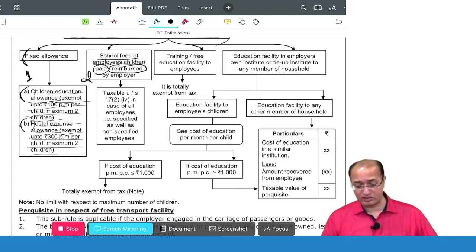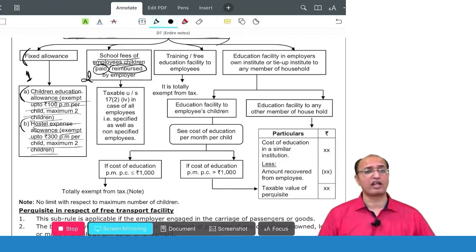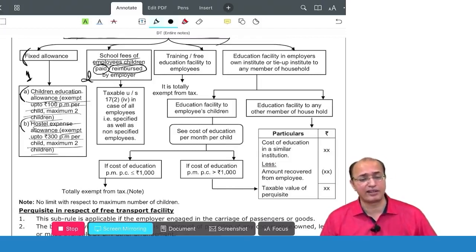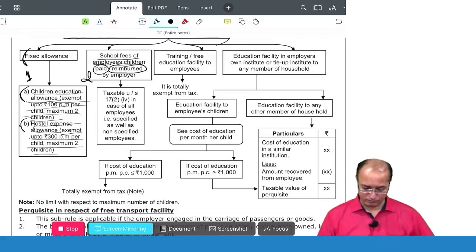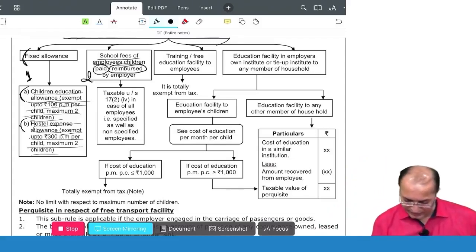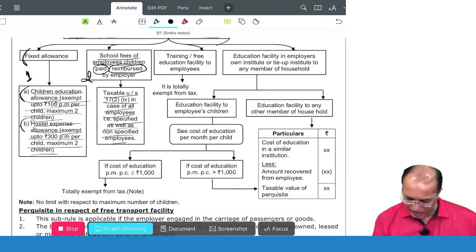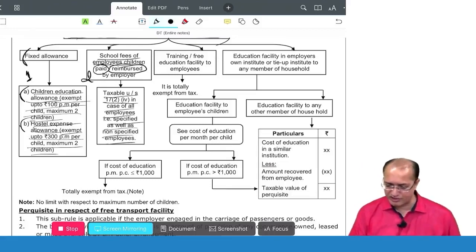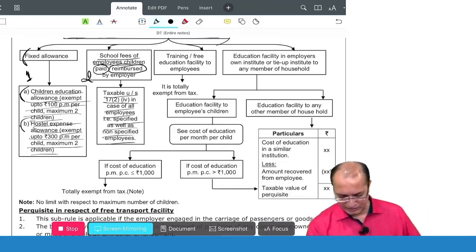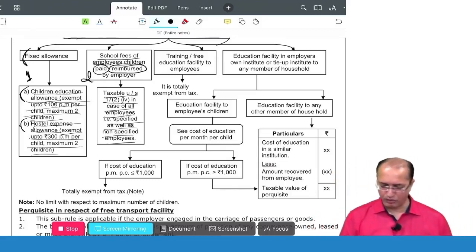It is covered by section 17 subsection 2 clause 4. It is a monetary perquisite. It is taxable in case of specified as well as non-specified employee. So here we say it is taxable under section 17 subsection 2 clause 4.